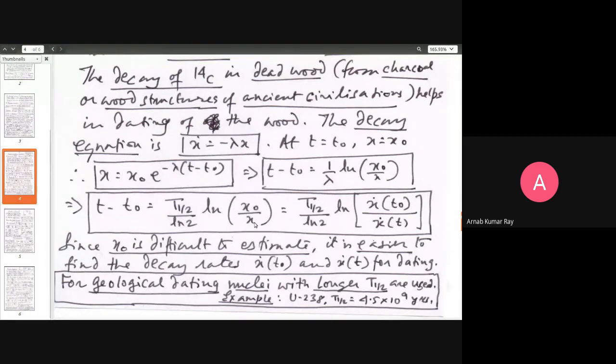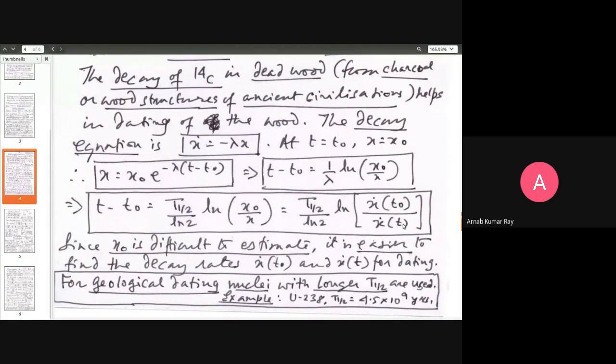So x naught by x is also equal to x dot at initial time t naught divided by x dot at present time. The x dot at present time from a dead charcoal sample could be measured without too much difficulty, because that can be done with the help of a Geiger counter. A Geiger counter is a measuring device which measures radioactivity.